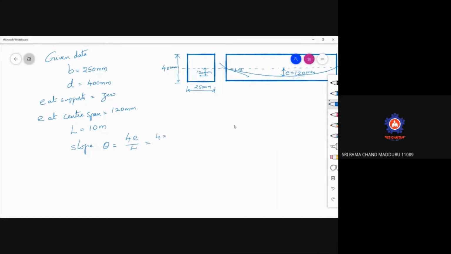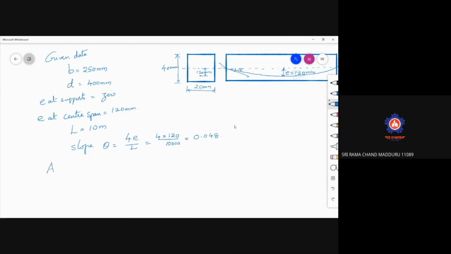So 4 into 120 by 10 meters, converting into mm, you will get theta in terms of radians.